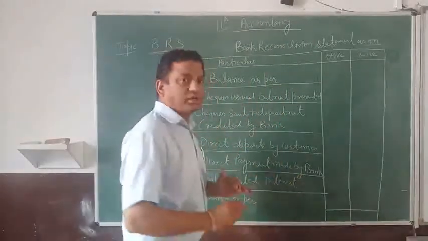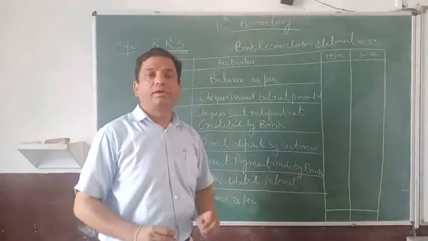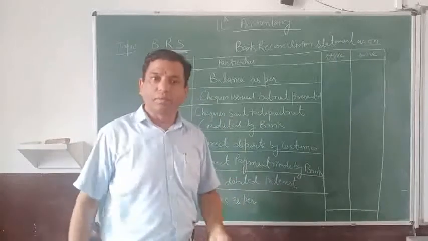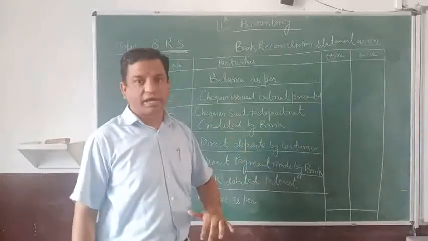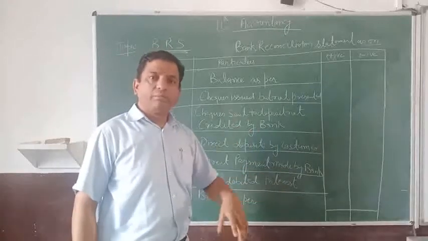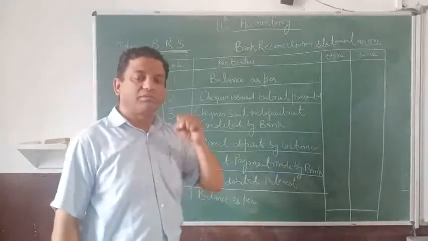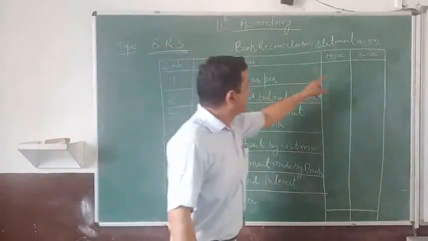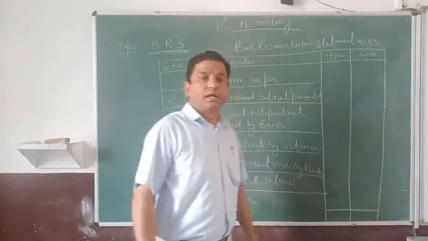The very first thing, you have been given a balance of a book, either passbook or cash book. That balance may be debit, may be credit, may be overdraft. So first of all, the very first thing, you have to put the balance of that given book in either the positive or the negative.